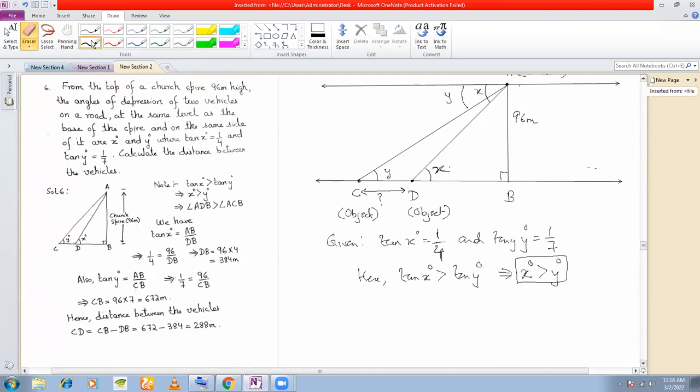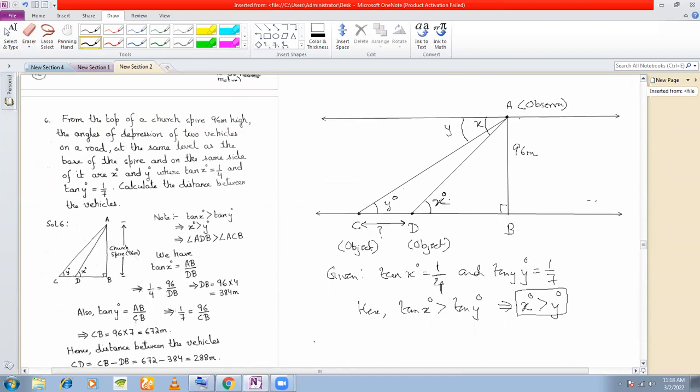First of all, we'll consider the x degree angle in triangle ABD. So in triangle ABD, tan x degree is equal to AB by DB. Tan x degree, what is the value given? 1/4. So let's directly put the value. 1/4 is equal to AB.